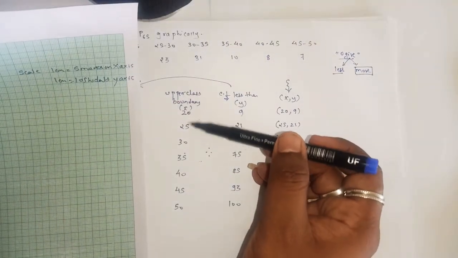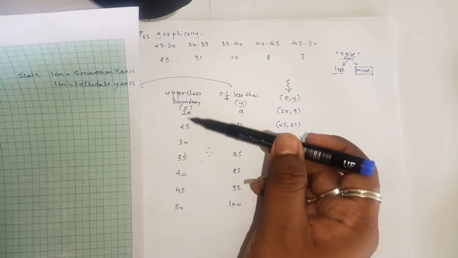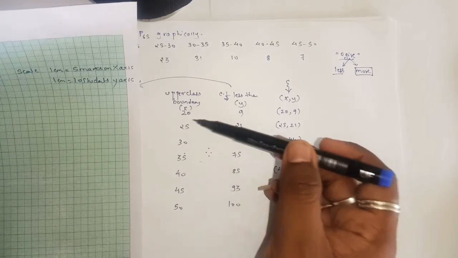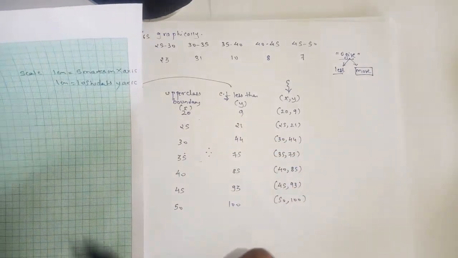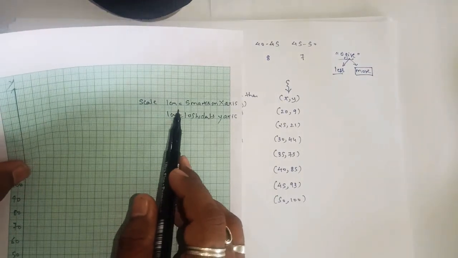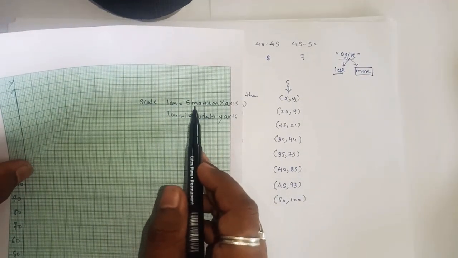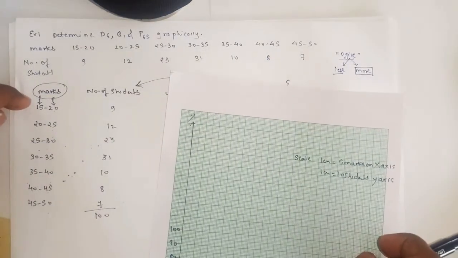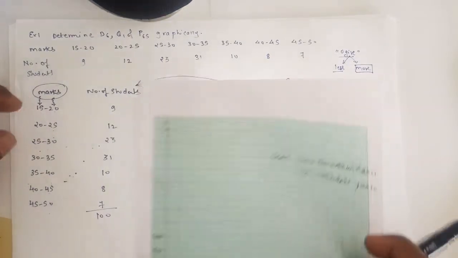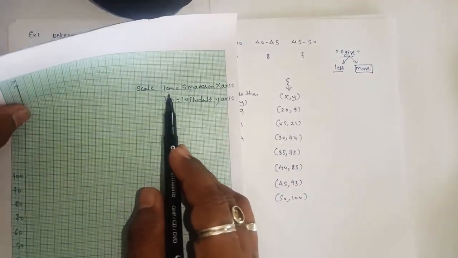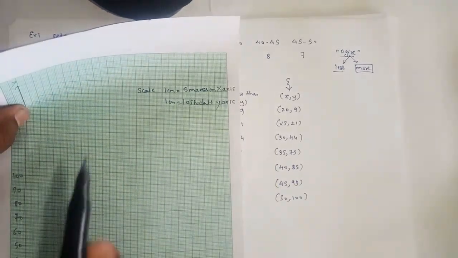Why 5? Because when you see the difference between the numbers, clearly we can see there is a 5 difference: 20, 25, 30, 35. Yes or no? So that's why I took 1 centimeter equals 5 marks. Don't write a unit because the class contains marks. So here you will write 1 centimeter equals 5 marks on the x-axis.